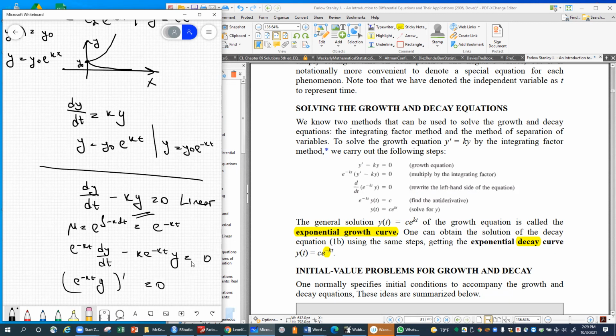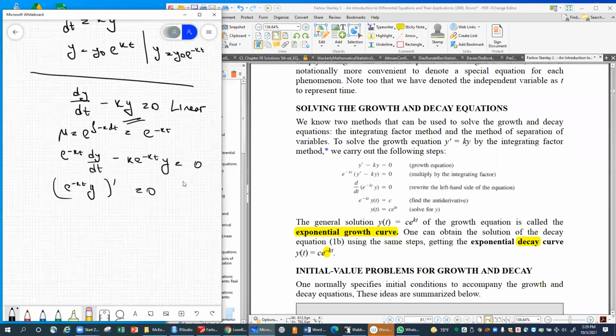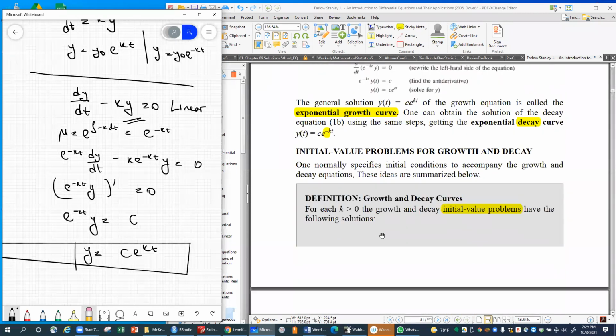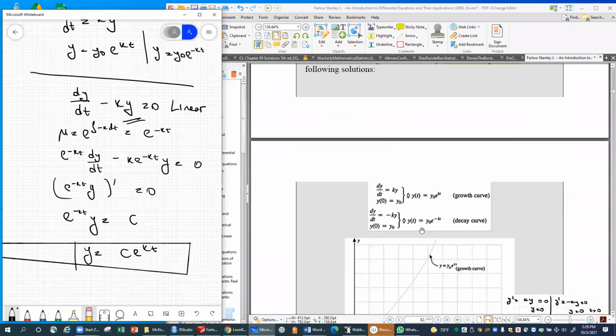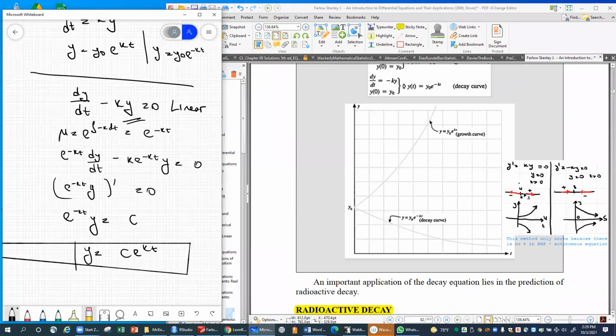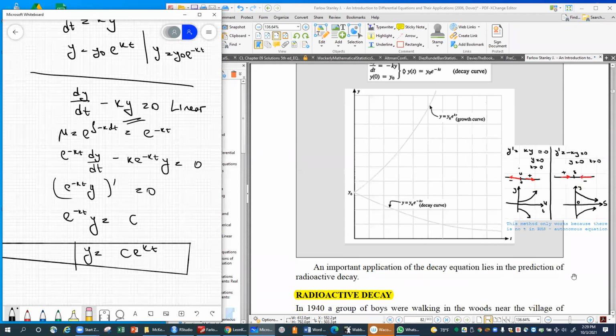And you still have 0. And when integrating, you get a constant C. You multiply both sides by e^(kt), just like we said. So either exponential growth or exponential decay. Like we discussed here, growth or decay. And here it's going right, growing, and for negative, it's decay.